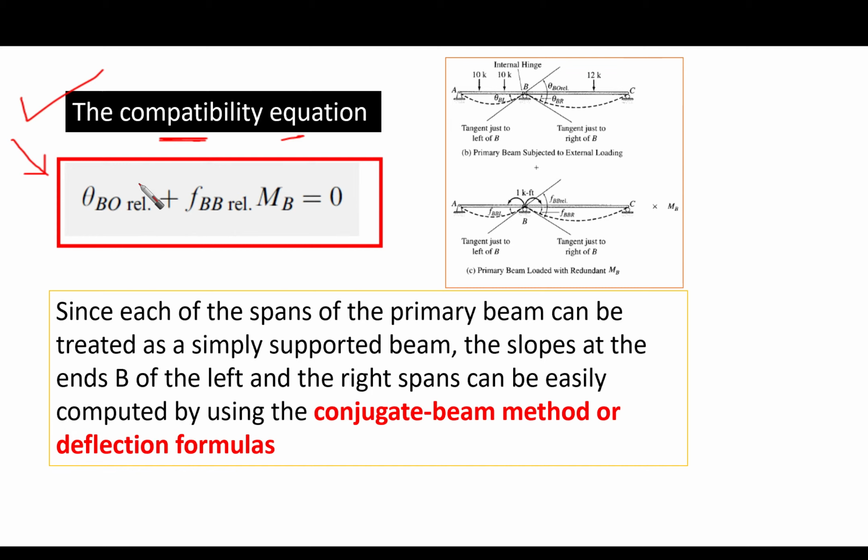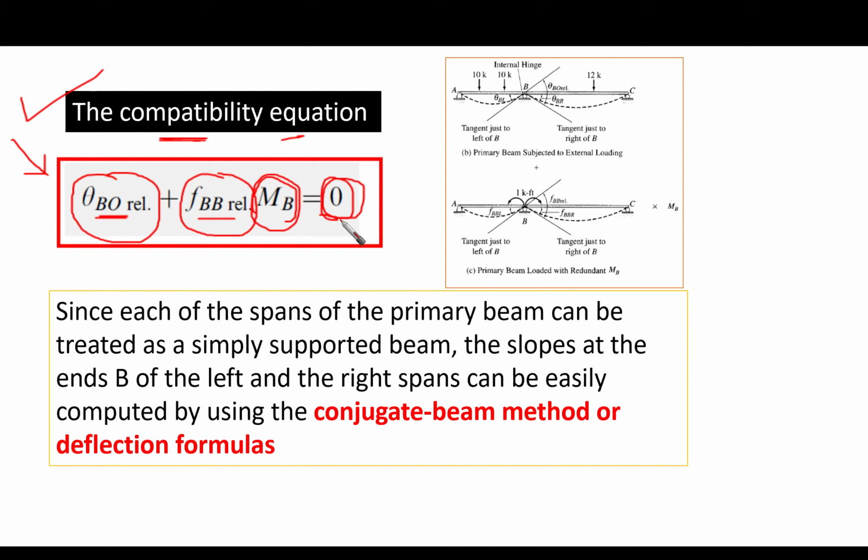As we have done in the previous videos, we say that theta BO relative, which means the rotation at point B due to the original loading, plus the rotation due to the applied unit moment at point B times the redundant MB, which is the moment at point B, equals 0.